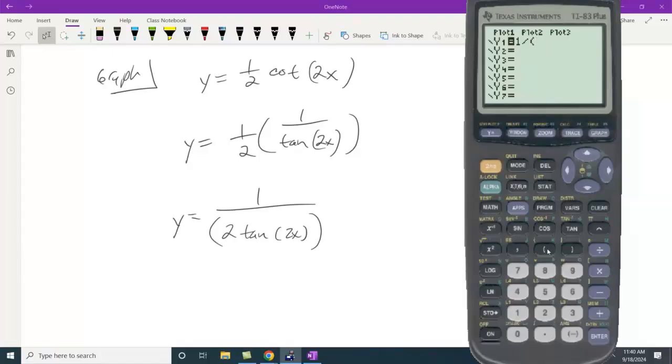I'm going to put a begin parenthesis for my denominator. I'm going to put in 2 times the tangent. And notice it gives me a begin parenthesis for my argument. I'm going to put in 2x. I'm going to close off that argument and then close off the denominator.